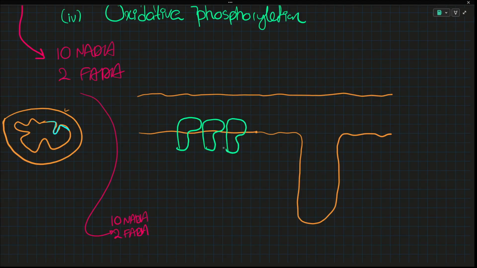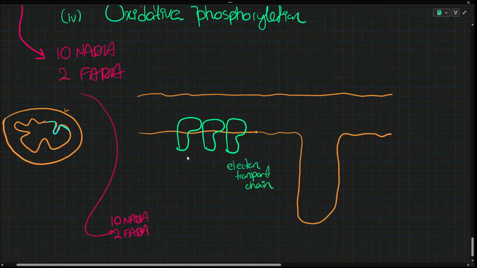Now, these are electron transporters, and we typically call this the electron transport chain. Actually speaking, this is the deal. These coenzymes, when they got reduced, obtained electrons.